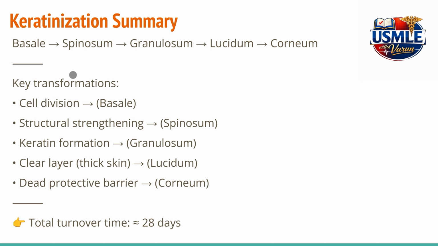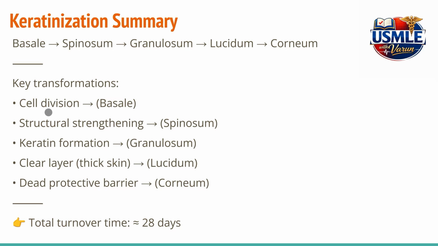Finally, to summarize, the cells start at the bottom, and as they mature, they move upwards and eventually form the protective surface: from the stratum basale to the stratum spinosum, then to the stratum granulosum, then to lucidum, and finally stratum corneum.